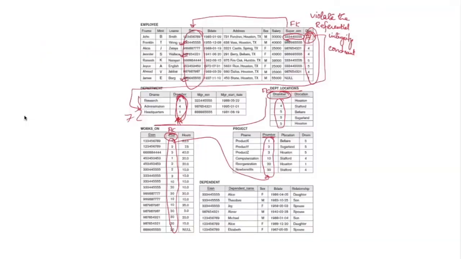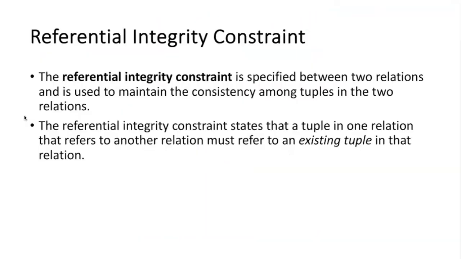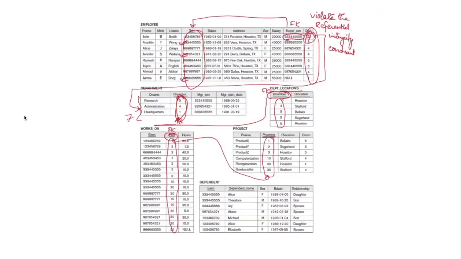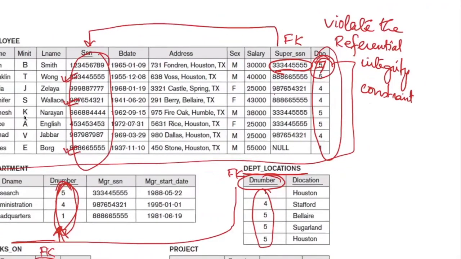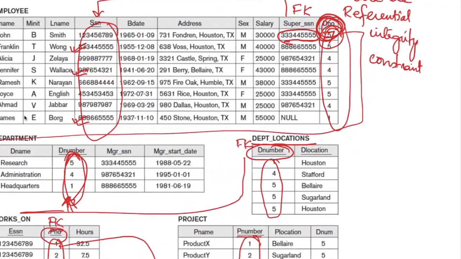If I give the definition again, the referential integrity constraint states that a tuple in one relation that refers to another relation must refer to an existing tuple in that relation. So if a tuple in X is referring to a tuple in Y, it must refer to an existing tuple. In this case, department number is a foreign key in employee.